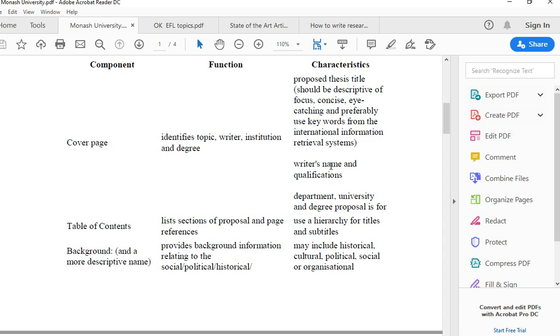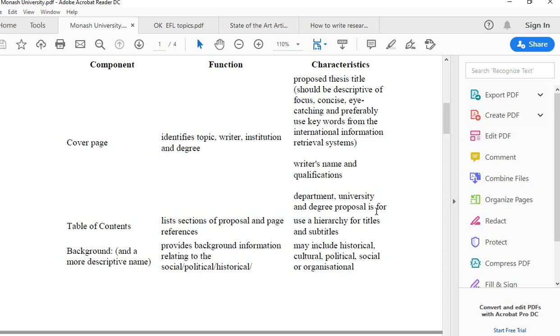Apart from that, in the cover page, you can see the writer's name and qualifications. For example, you write your name, written by or by, and then you write your affiliations, in which department and university you're working or studying. Also, you should mention the department, university, and degree the proposal is for.